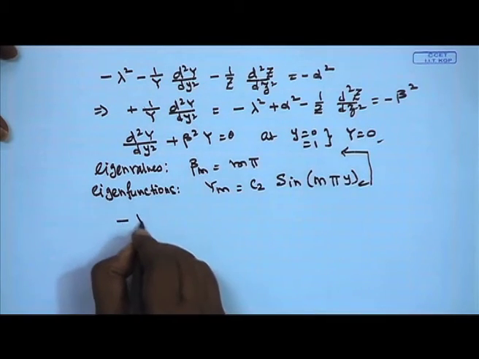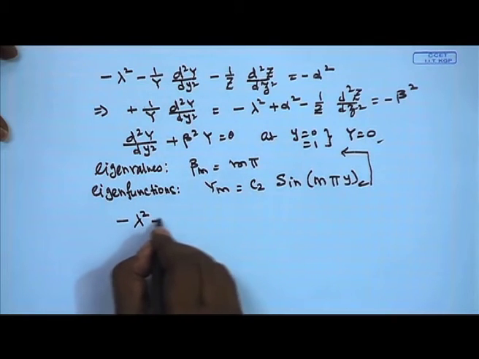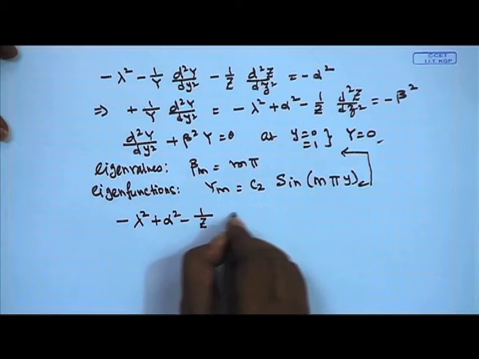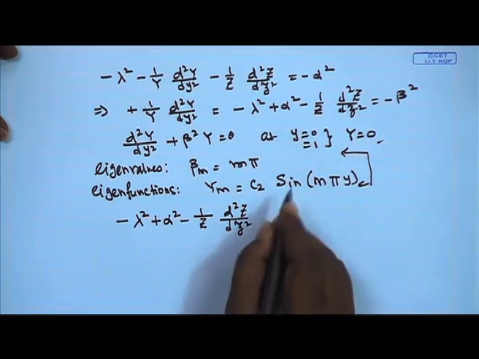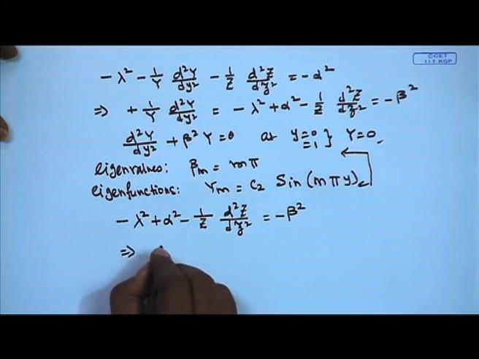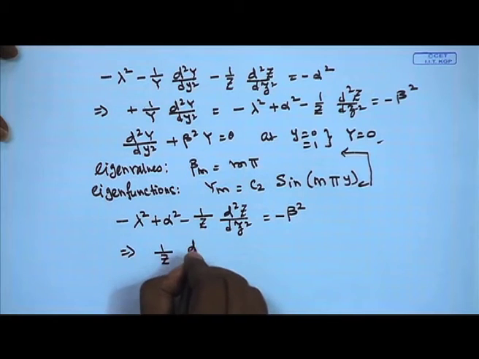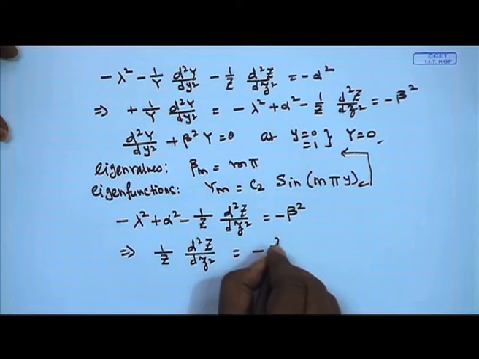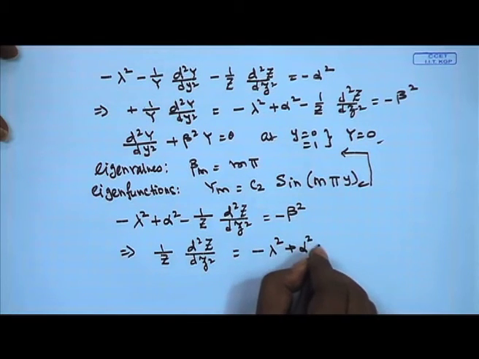This is the governing equation of the z varying part: minus lambda square plus alpha square minus 1 over z d square z dz square is equal to minus beta square. Therefore, 1 over z d square z dz square will be minus lambda square plus alpha square plus beta square.